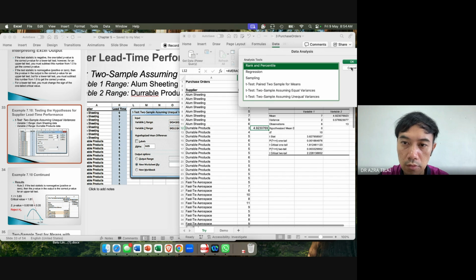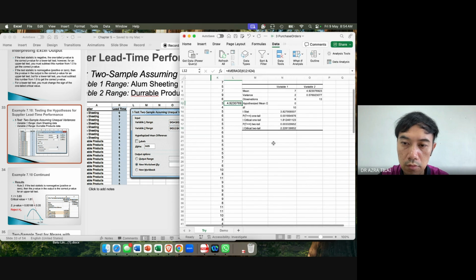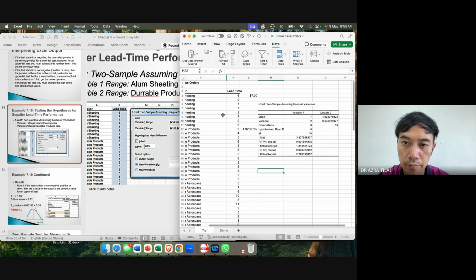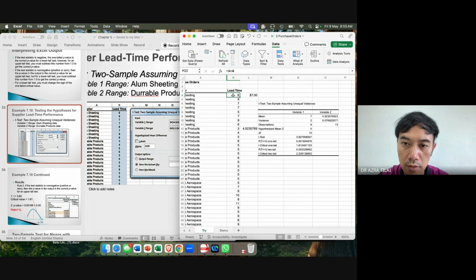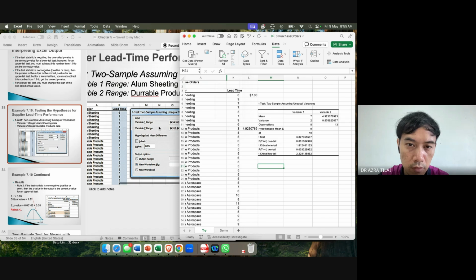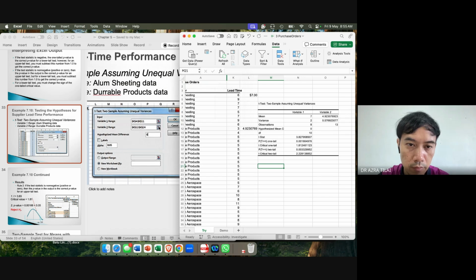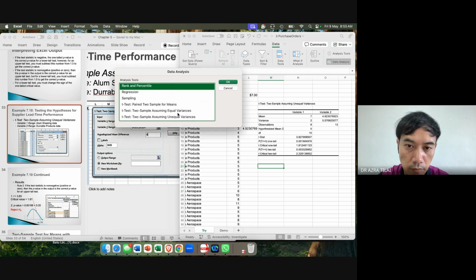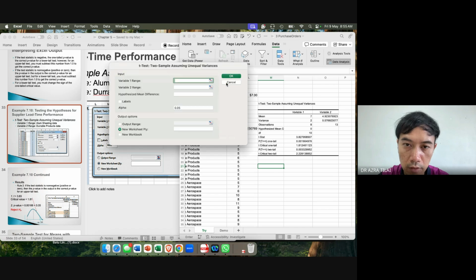I think you need to highlight first. Two sample assuming unequal variances. Okay.